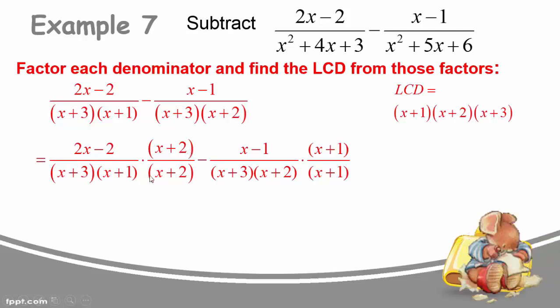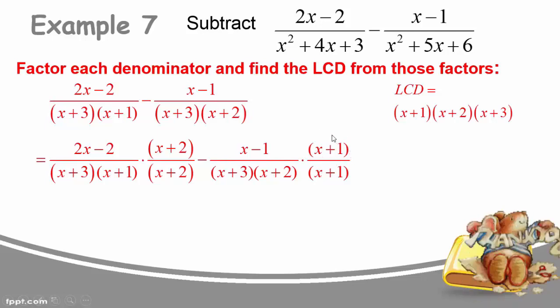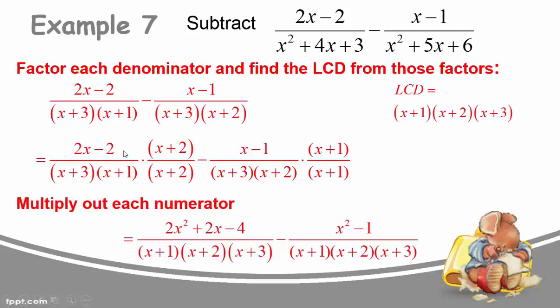And then, of course, I have the denominator, which is my lowest common denominator, minus. And then similarly for here, I have the x plus 2 that is missing, and I multiply it. And as you see, now the denominators are the same. I now multiply through.